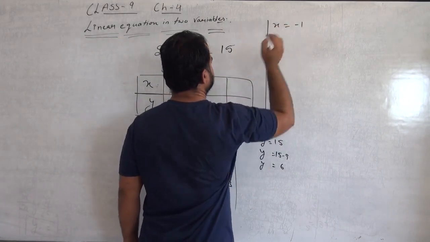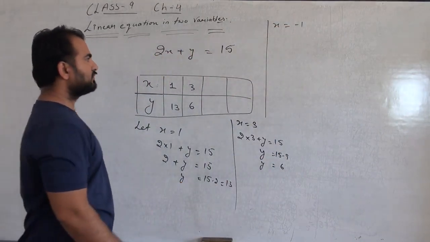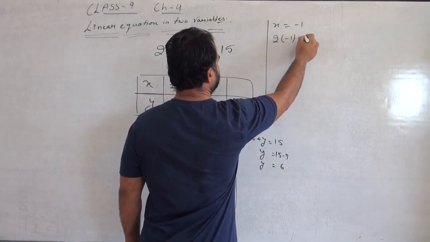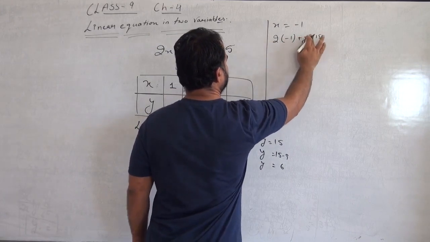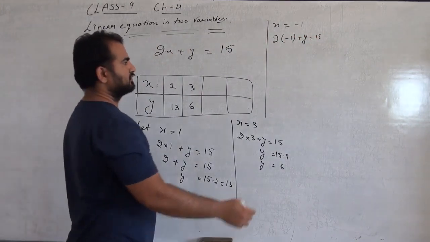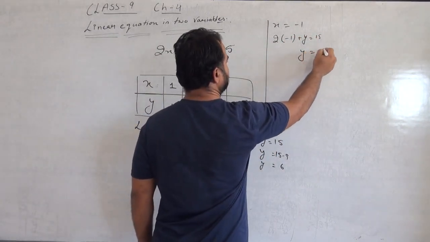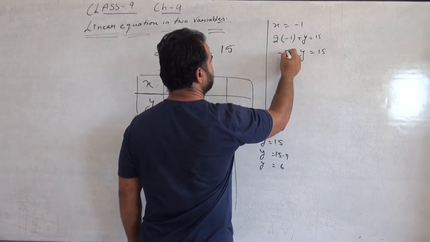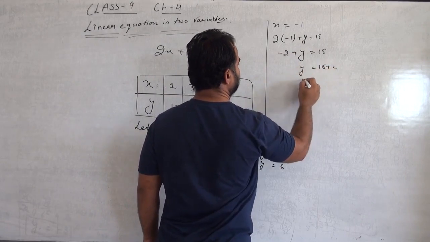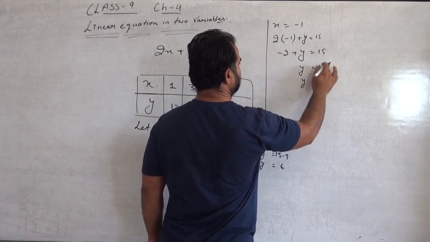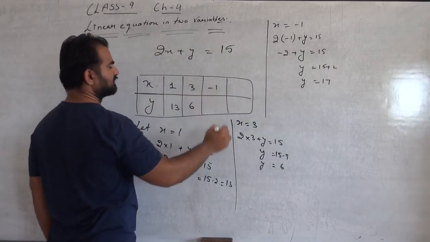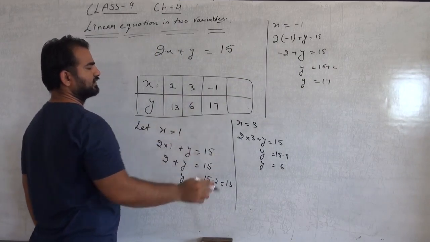Let x equals to minus 1. So it will be 2 multiplied by minus 1 plus y equals to 15. So 2 into minus 1 equals minus 2, and y equals to 15 plus 2. y equals to 17. So if x is minus 1, y will be 17.